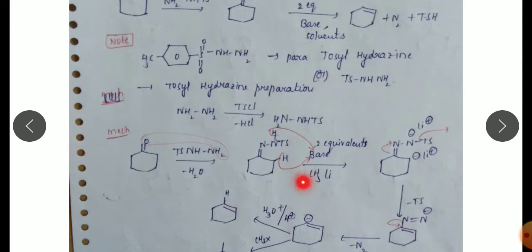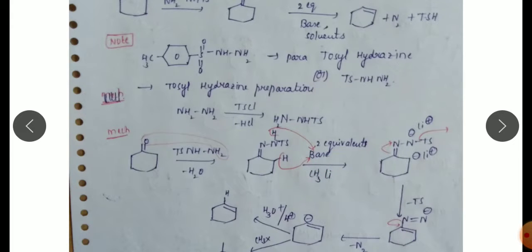Then we add base. We consider 2 moles of base, whether n-butyl lithium or methyl lithium. Generally, we all know RLi, alkyl lithium, acts as a base. So in this reaction, I'm considering methyl lithium as a base. We consider 2 equivalents, 2 moles of the base.